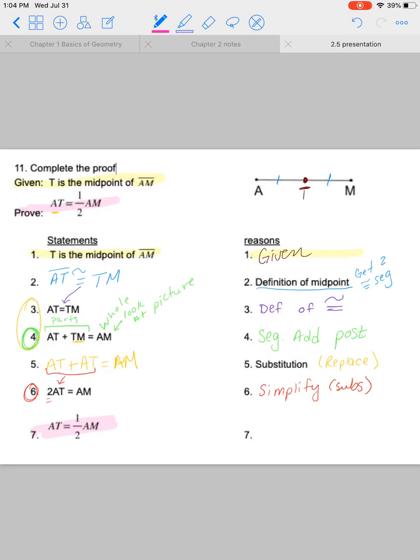So we can do the division property, or we can do the multiplication property. We can do the division to get rid of the multiplication, or we can multiply both sides by 1/2 to get rid of that multiplication.